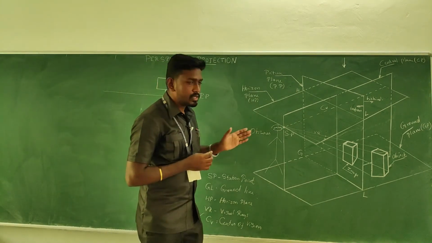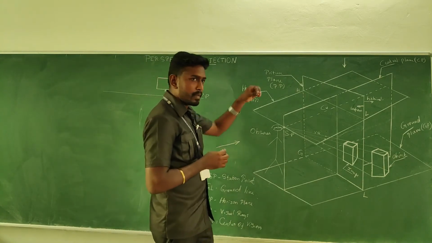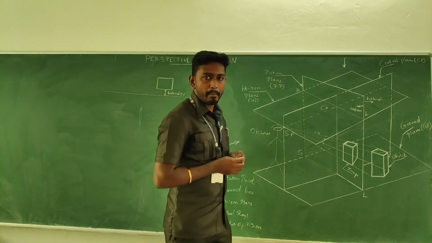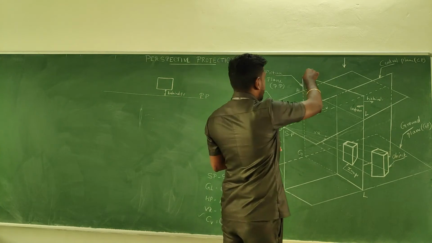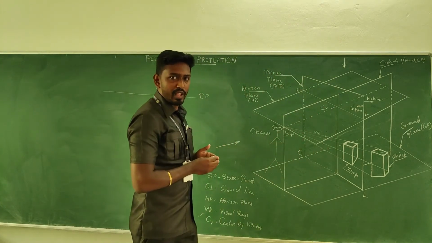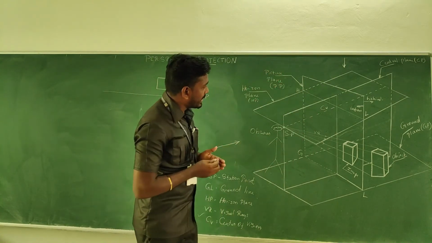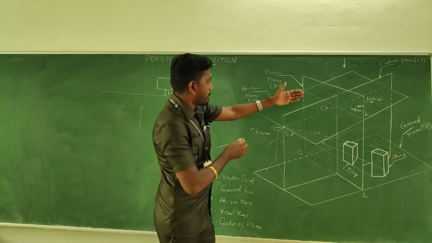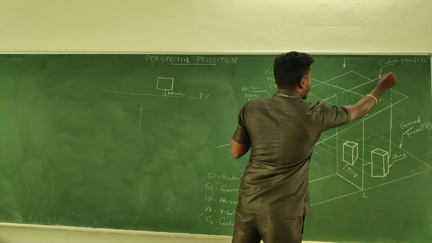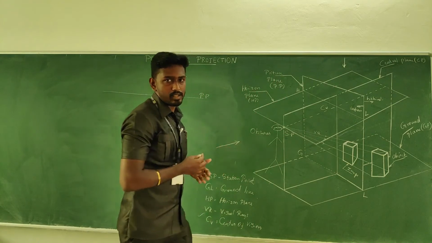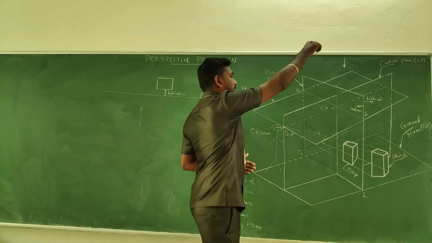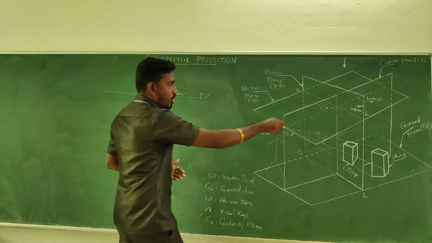What is next? Again, when you are getting the observation from the top, we are able to see the picture plane as well. One more plane can be seen, called the center plane. So when you are getting the observation from the top, here is the object.